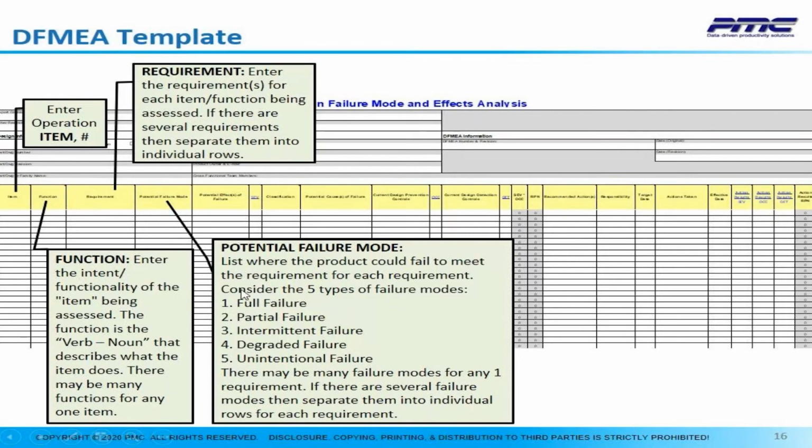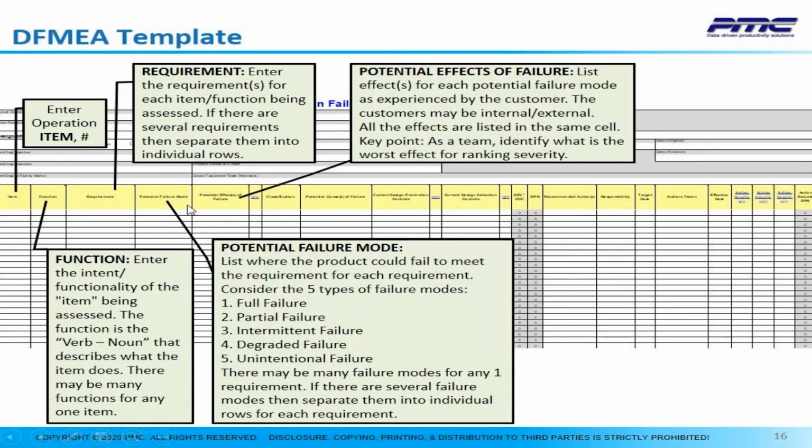And in this case, we consider five types of failure modes: either full failure, partial failure, intermittent failure, degraded failure, and unintentional failure. From there, for those failure modes, we need to define the potential effects. Here we list the effects for each potential failure mode as experienced by the customer.